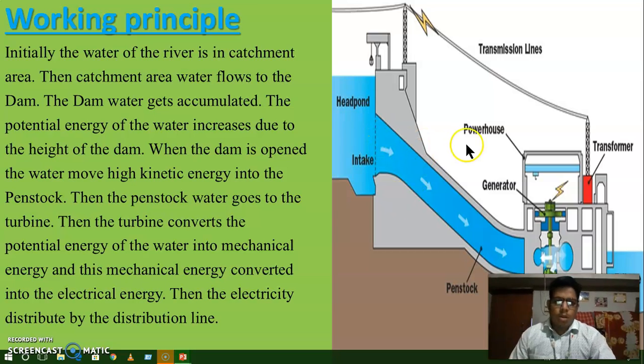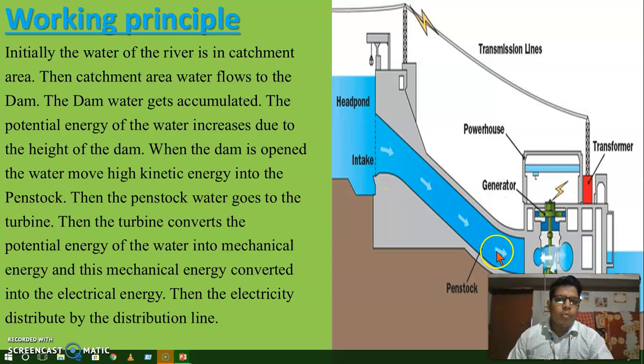And now I discuss the working principle. In this figure, we show the whole process of the hydropower plant. Let's discuss the working principle. First of all, initially the water of the river is in the catchment area.